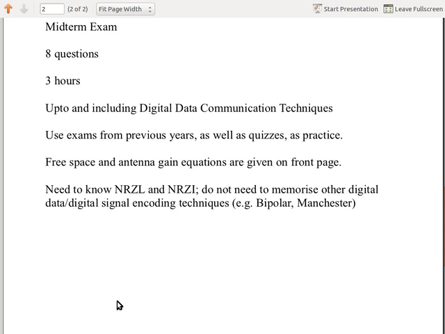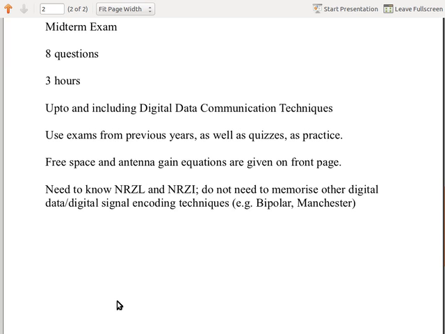Manchester, bipolar AMI, pseudo-ternary, differential Manchester, HDB3. You don't need to remember how they work. But if I gave you a description, that is, Manchester, we have low to high for bit 1 and high to low for bit 0, if I gave you that description in the exam, you could answer a question on it. So you don't need to remember the details of these.